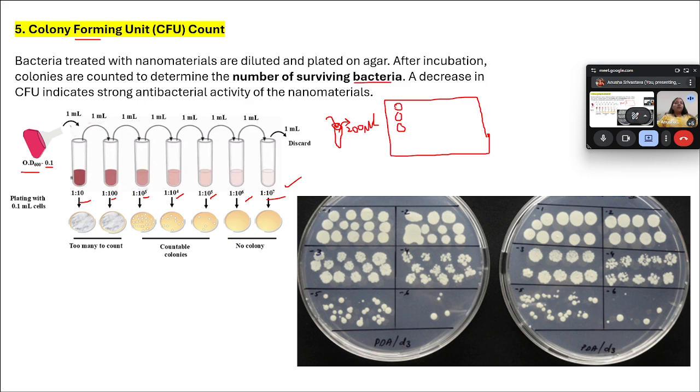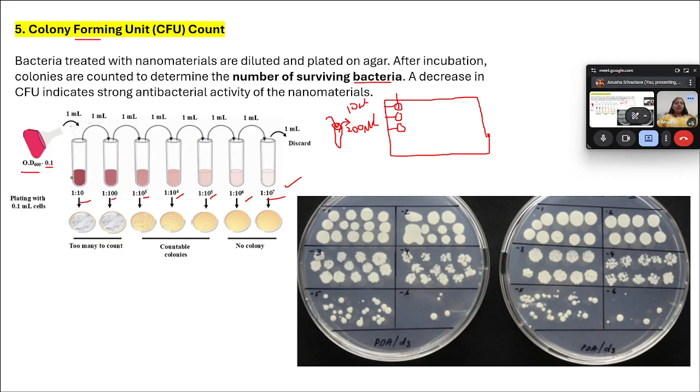You can determine the volume you're taking, 10 or 20 microliters. But before that, you first put 200 microliters of bacteria or PBS in all these wells. Then take 10 microliters, add it to the next well, and pipette it 2-3 times.